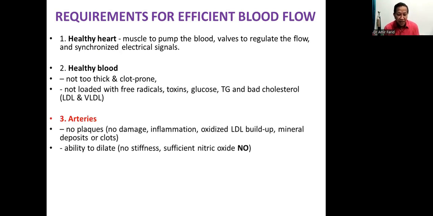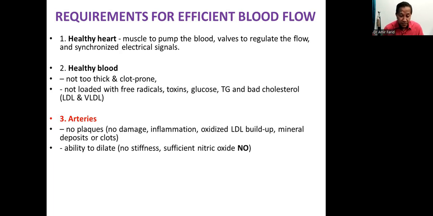And then you need healthy arteries, that part of your circulation from the heart to the organs and tissues. And healthy arteries means not having plaques that block the inside.